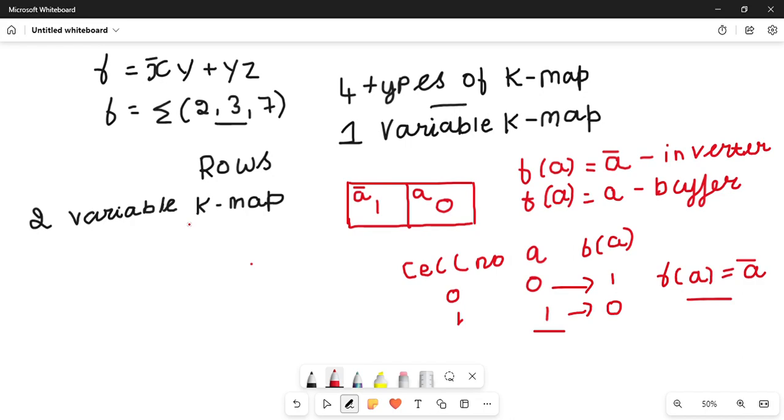First of all, let's write the truth table and then write the K-map.